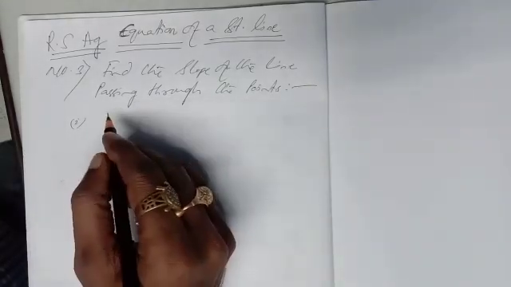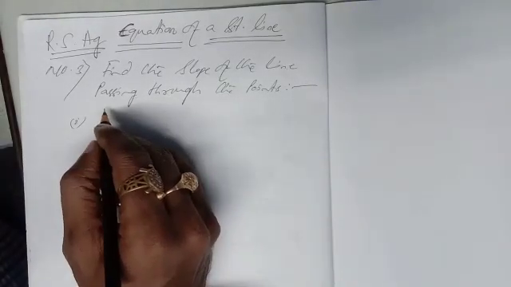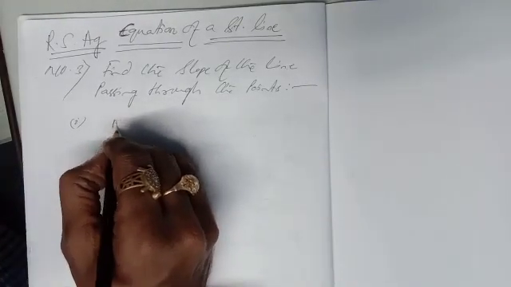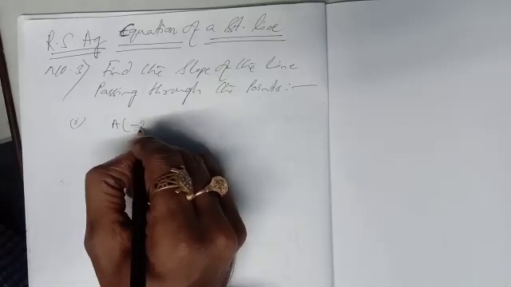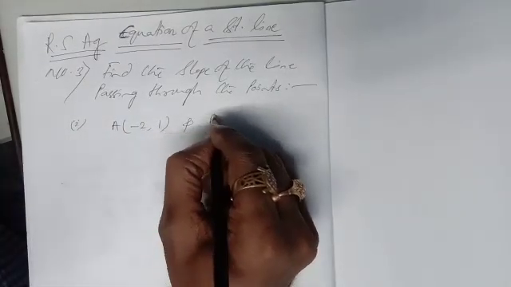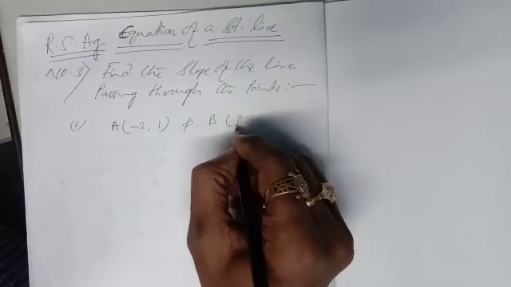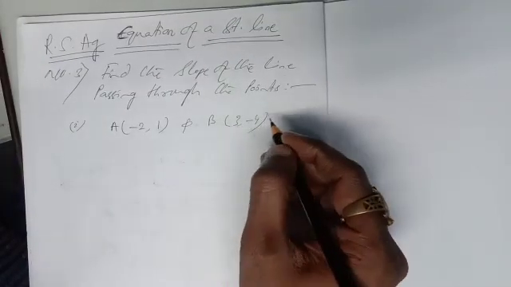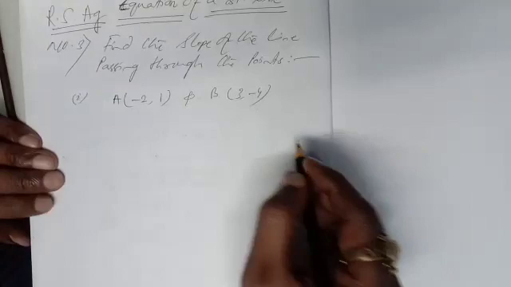The points are given like this. Number 3, first part: A is (-2, 1) and B is (3, -4). You have to find the slope of the line using 2 points.